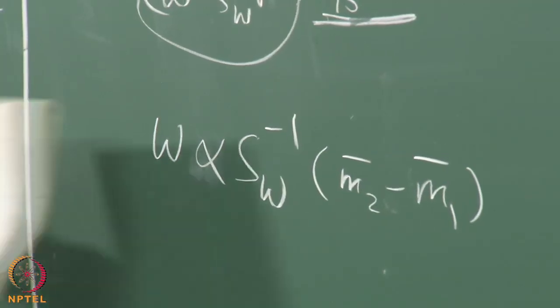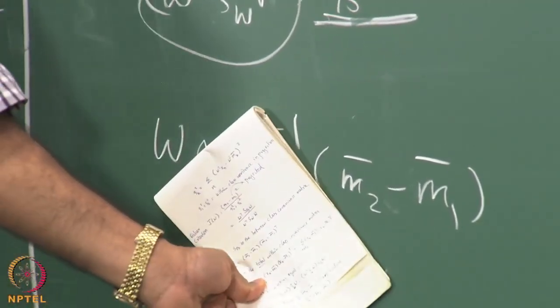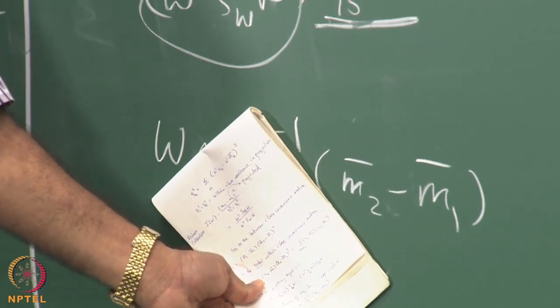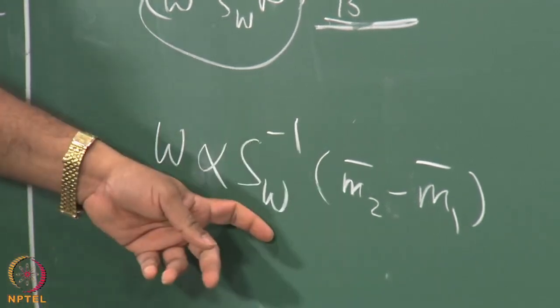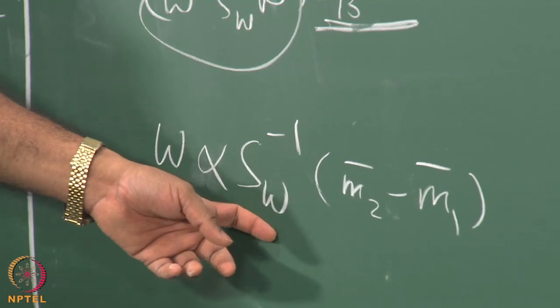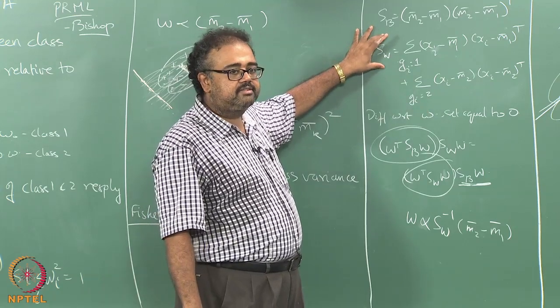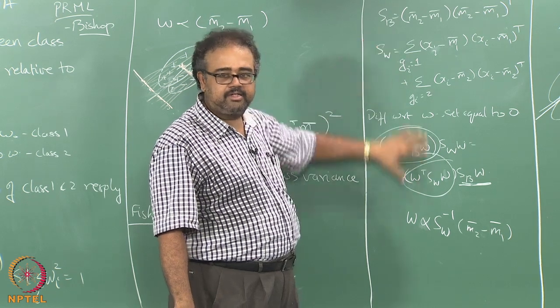If I did not have the SW constraint, what I got was w proportional to m2 minus m1, right, but now if I am taking into account the within class variance also, then I will have to pay attention to the within class covariance matrix. So that is basically all that is to it, okay.